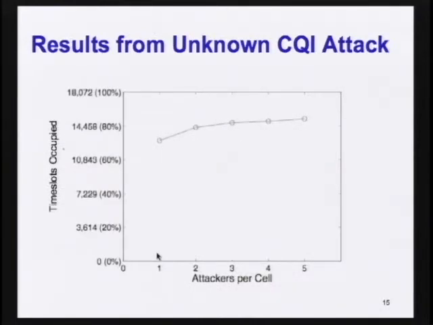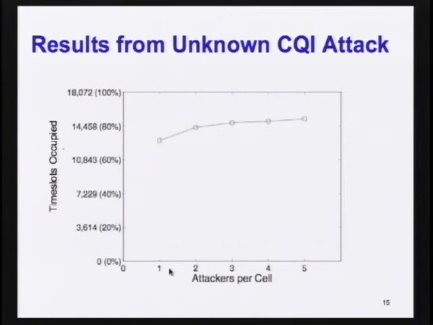Then we ran the simulation again for 30 seconds to see how effective this attack remains if the attackers do not know the precise channel condition of all the other cell phones. Well, we learned that in this more realistic condition, the attack is not as effective as in the ideal condition, but it's still pretty effective.